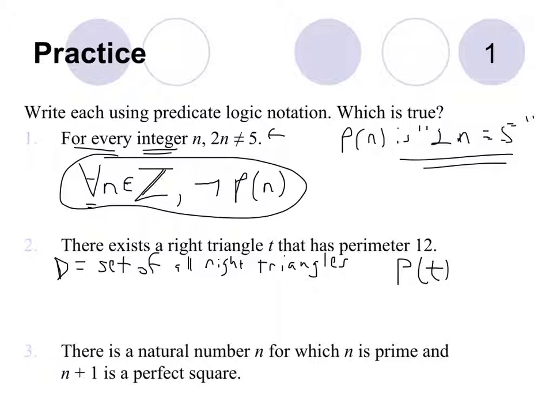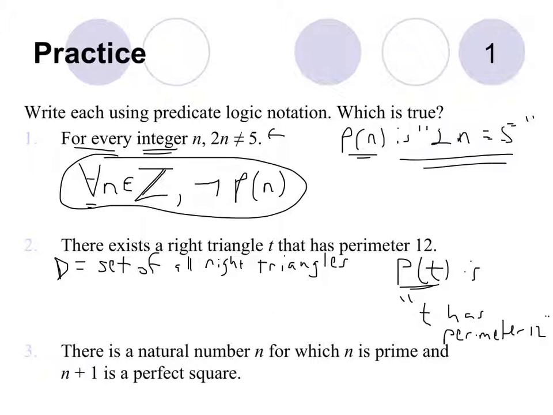So if t stands for a triangle, then it makes sense to have P of t stand for t has perimeter 12. I can define the predicate, and again, you can give it whatever name you want. I'm just using P for all of these for predicate.